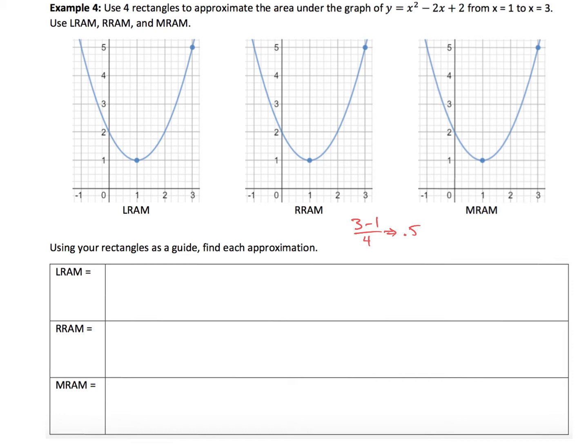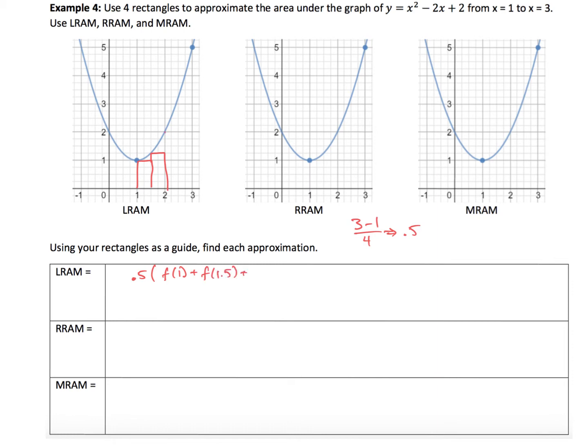So the first one, if I do an LRAM, I'm going to start from my which way? The left. So I'm going to start over here at 1. So I have a width of 0.5, and then I'm going to find f of 1. And so that kind of goes over there. And then what would be my next function value that I need? f of 1.5.